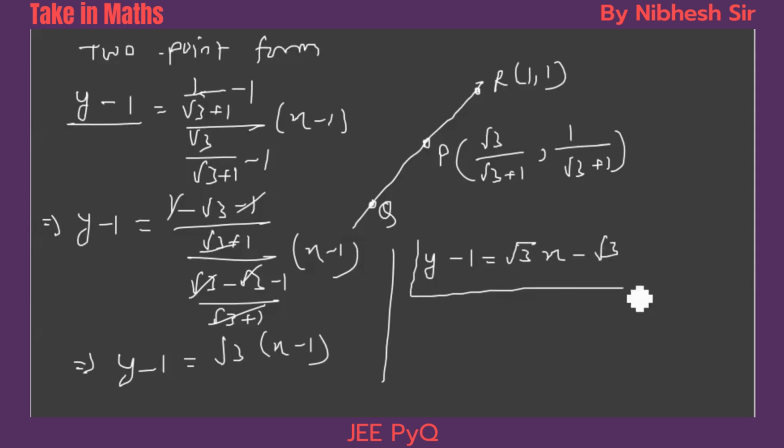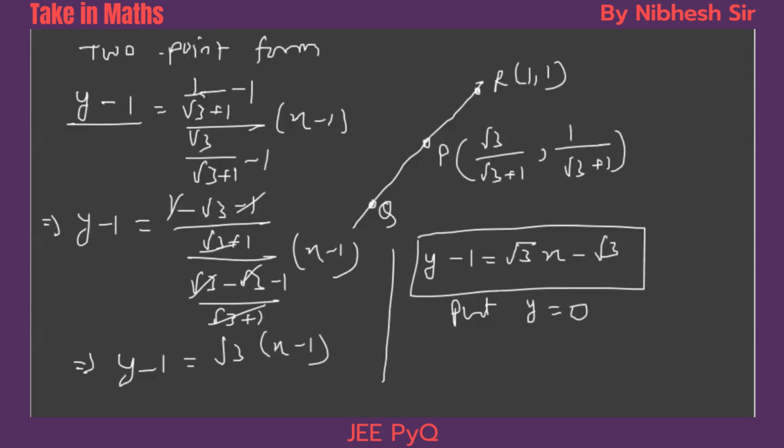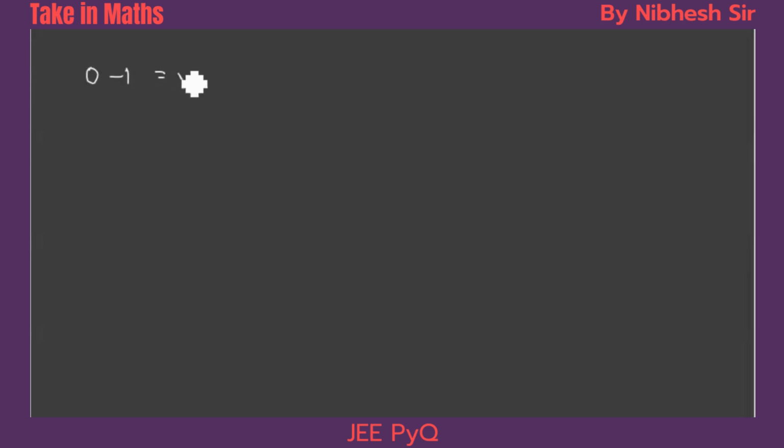Basically this is the equation of the reflected ray, and this line intersects at the point Q on the x-axis. To get the abscissa, we put y equal to 0. So 0 minus 1 equals root 3 common, into (x minus 1).